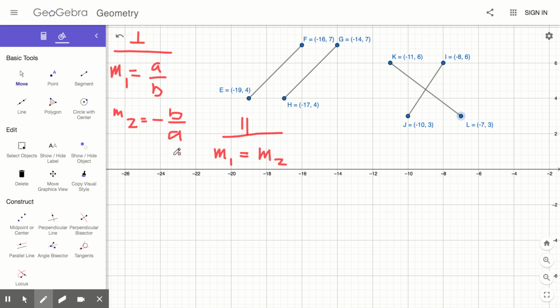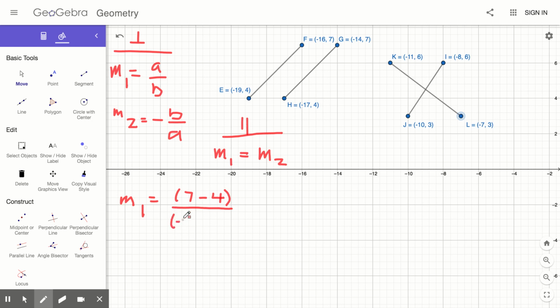So what I have here, I have my M1 from E to F. Let's do E is 1, F is 2. Difference of the Y values first. So we have 7 minus 4 divided by negative 16 minus 19.